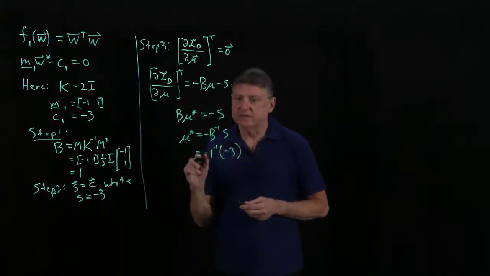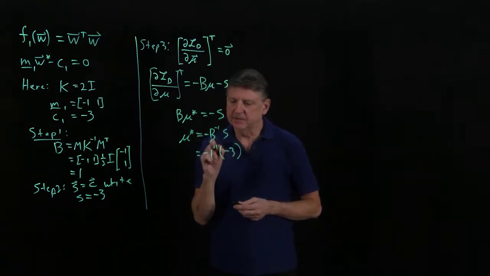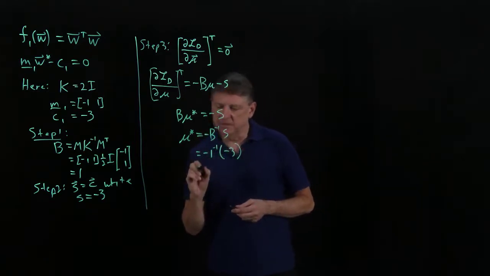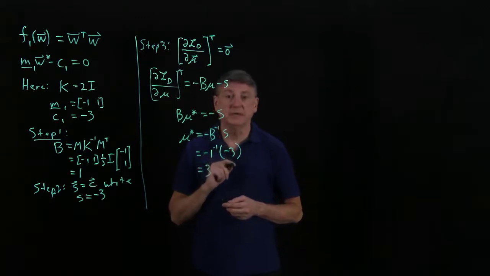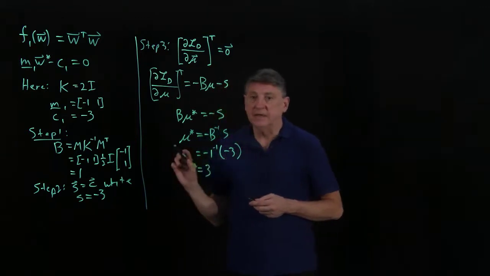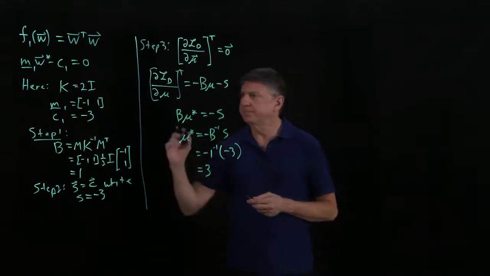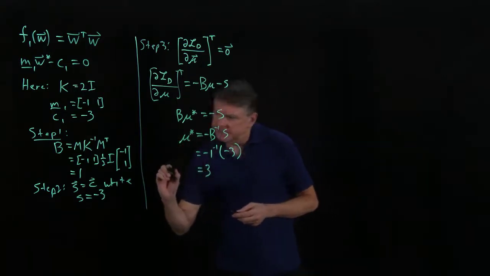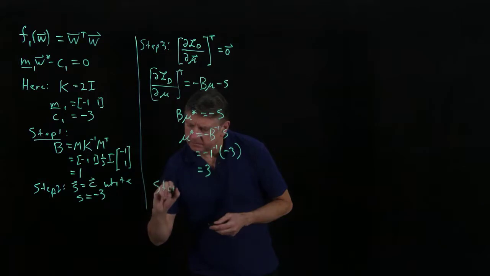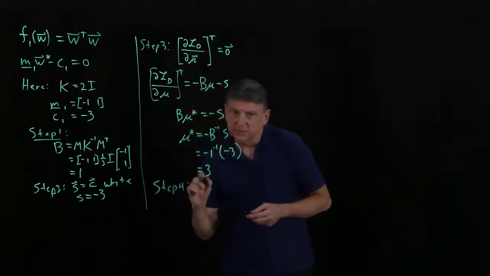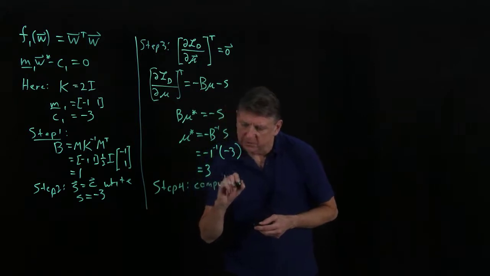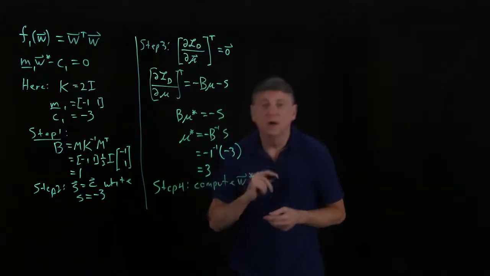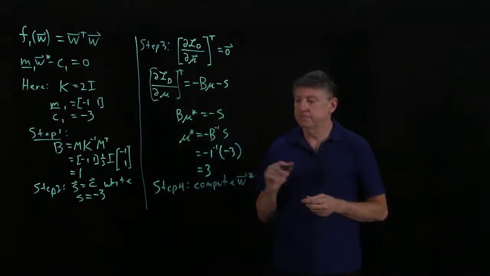And we can see that those will cancel out, 1 to the minus 1 is 1, so that means our optimal Lagrange multiplier for this problem is 3. And then in step 4, from this, we compute the minimizer of our constraint problem.